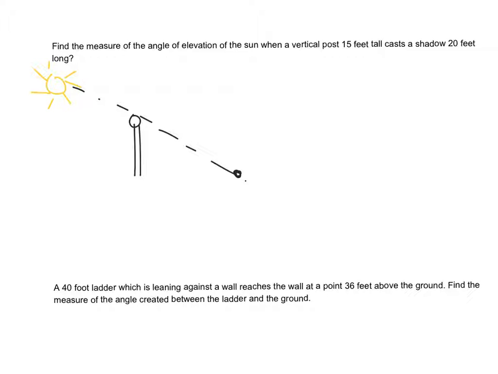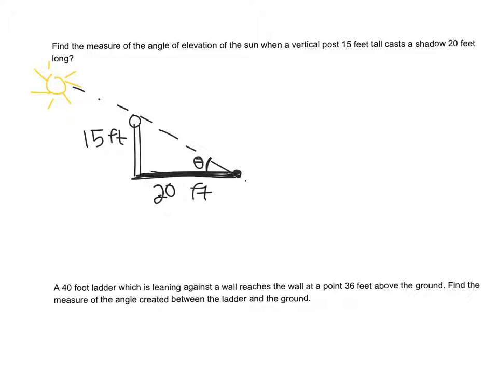The height of our post is 15 feet, and then the length of the shadow is on the ground, and that's where our 20 feet goes. So the angle of elevation is the angle that the ground makes with the shadow to get up to the sun. That's where our theta is going to go.